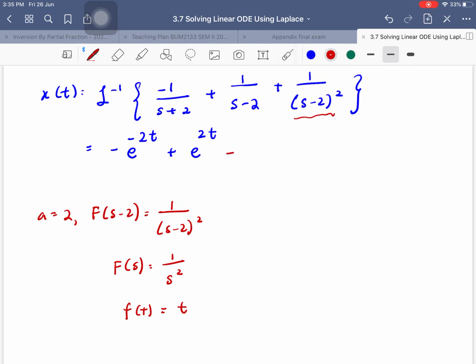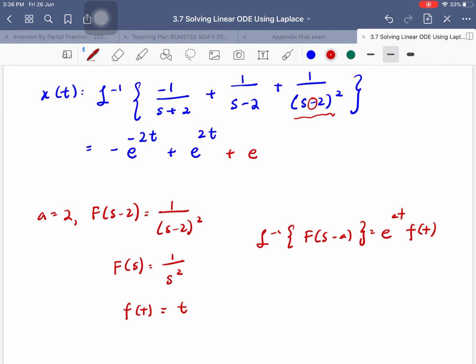So therefore, the last term when you put them together is going to equal exponential of, remember the formula, the Laplace inverse of exponential of positive at, the Laplace inverse of f of s minus a is going to equal exponential of positive at multiplied by f of t.